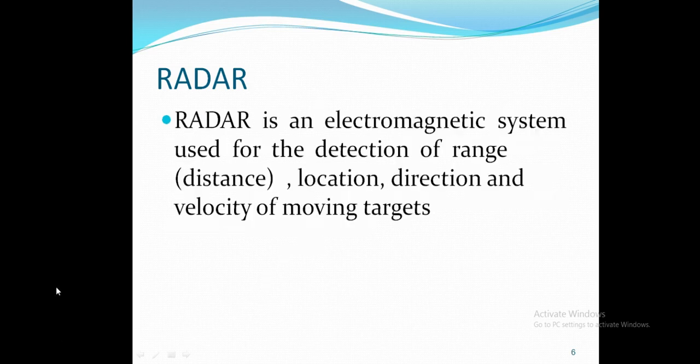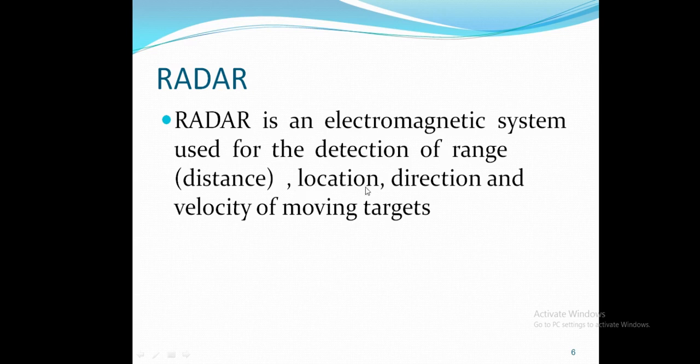Next, one more definition. Okay. So radar is an electromagnetic system used for the detection of range. Range is nothing but a distance, that means distance of the target from the radar station. Okay.